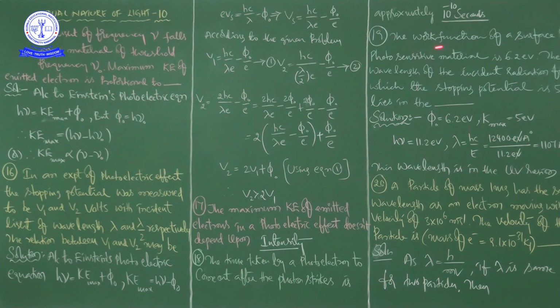The work function of a surface of a photosensitive material is 6.2 electron volt.